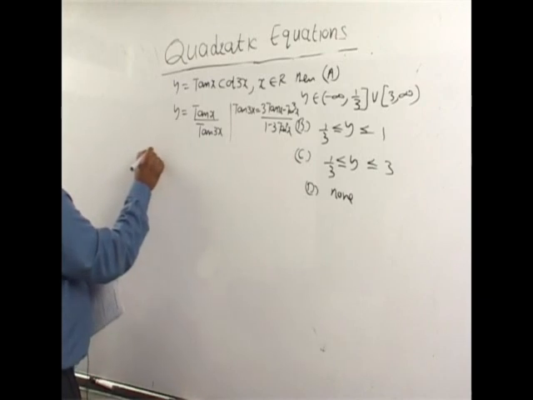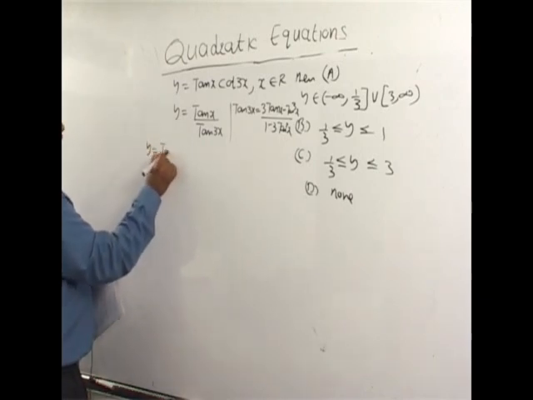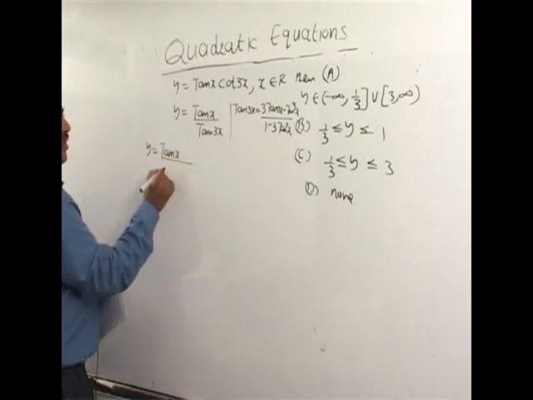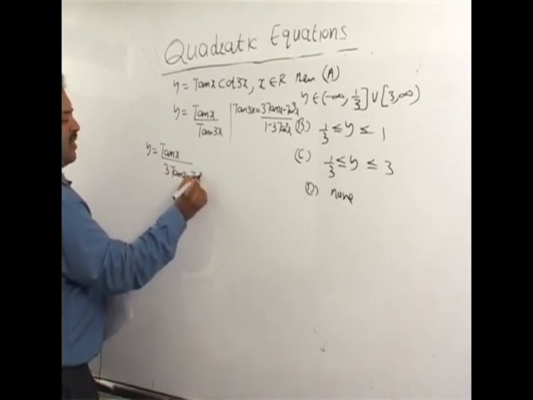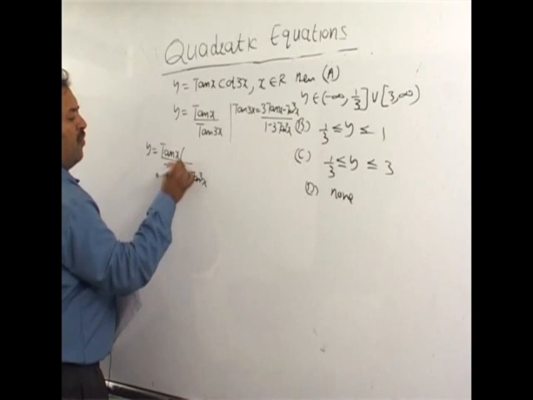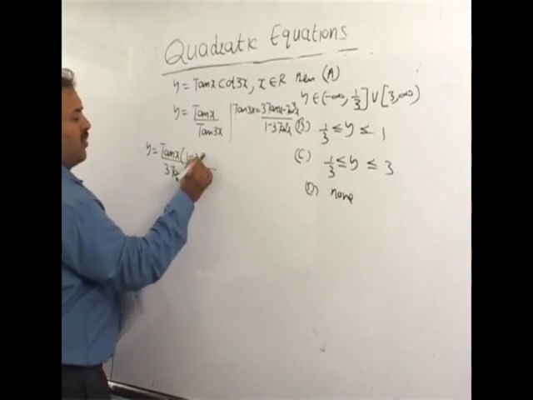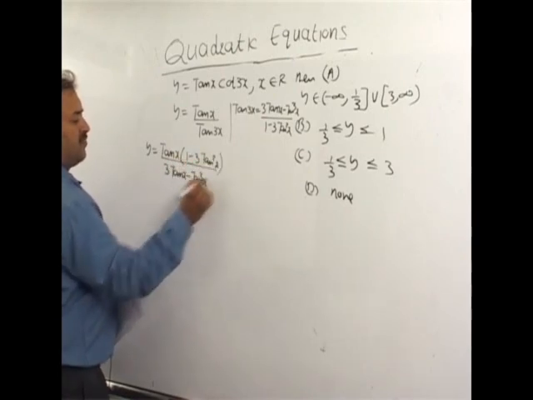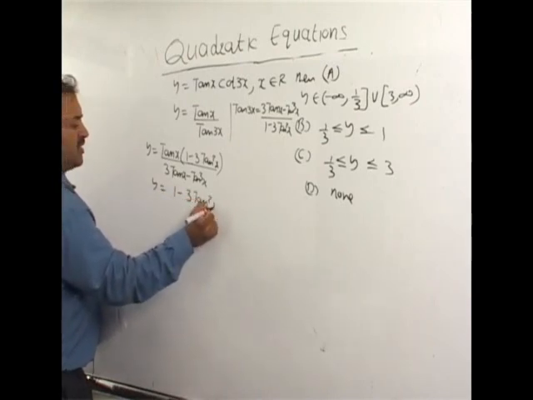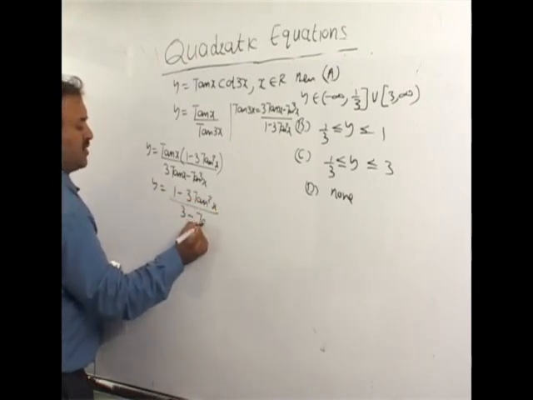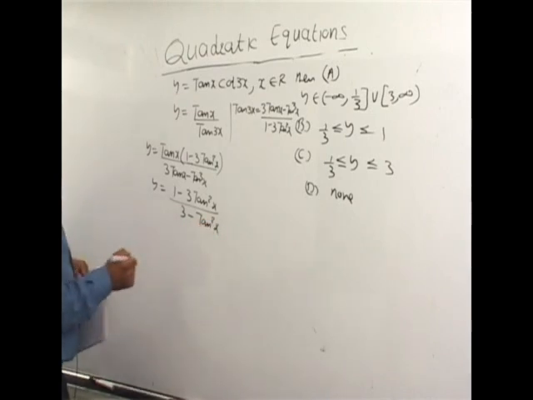We substitute over here: y is equal to tan x upon 3 tan x minus tan cube x. This denominator will come over here, 1 minus 3 tan square x. It will remain as 1 minus 3 tan square x upon 3 minus tan square x.